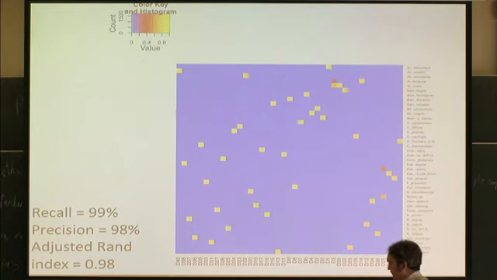Then we can evaluate the recall, which is the proportion of a species that we get into the same cluster, and the precision, which is the proportion of a cluster that derives from the same species. What's appealing about this method, at least on the test data set, is that we're getting very high precisions and recalls.